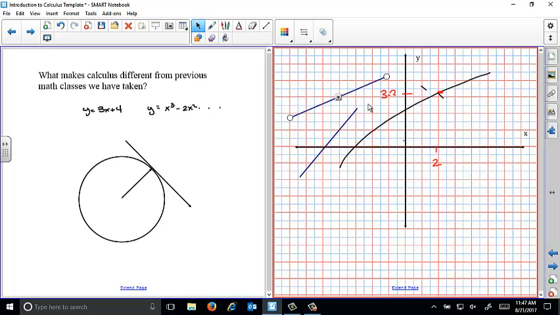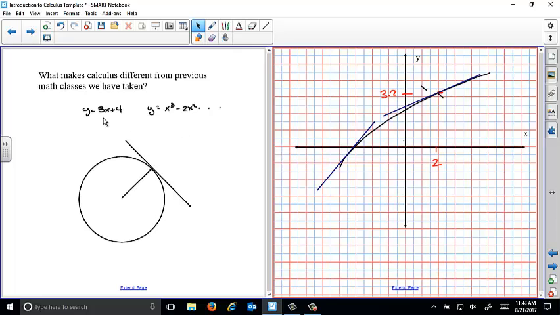So that's the whole idea behind differential calculus. When we talk about finding the derivative of a function, what we're doing is finding the slope of the tangent line to that curve at any point on the curve. And we want to find it not just as a list of numbers, but as an equation. So if we start with an equation, what is the slope?